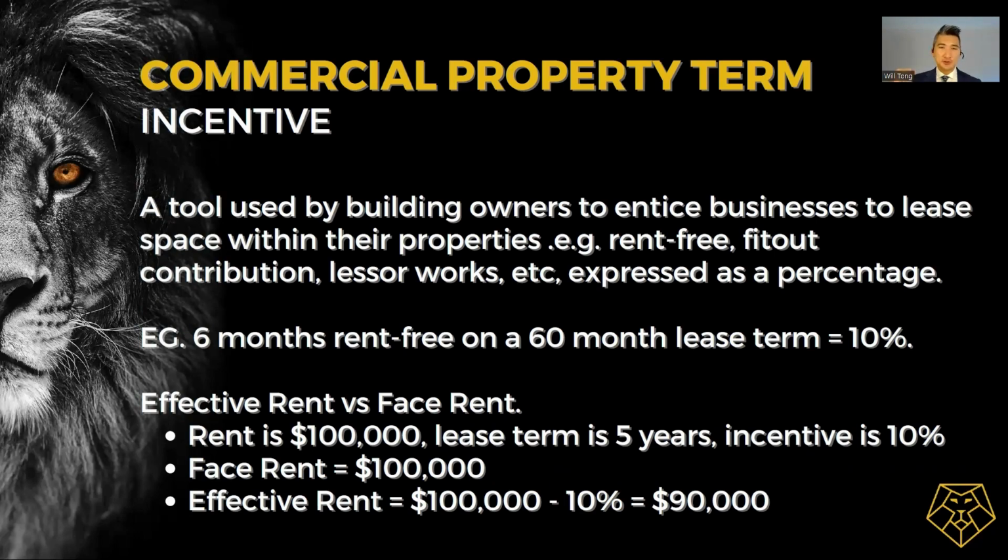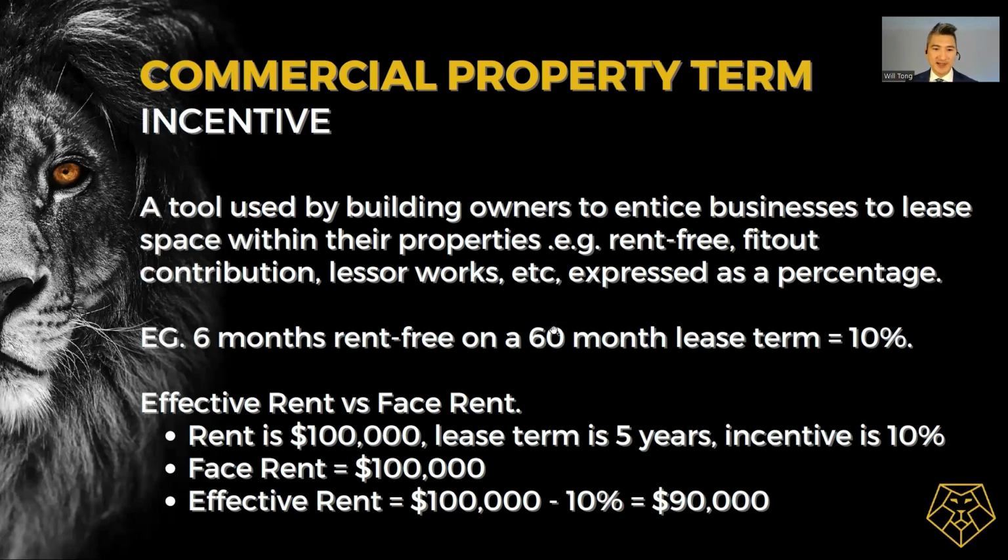Okay, now that you understand incentive as a percentage, it's also worth noting the difference between effective rent and face rent. So what's the difference? Face rent is what is written down as the rental payable irrespective of the incentive, and effective rent is the actual rent that the tenant is paying, which factors in the incentive that they're receiving.